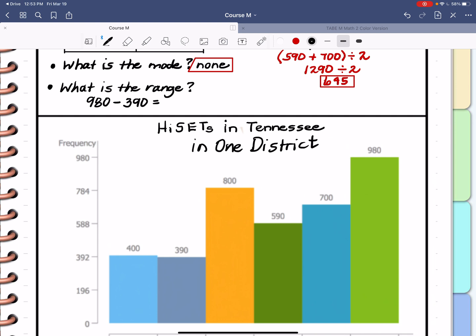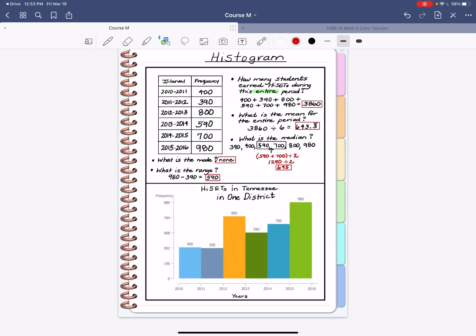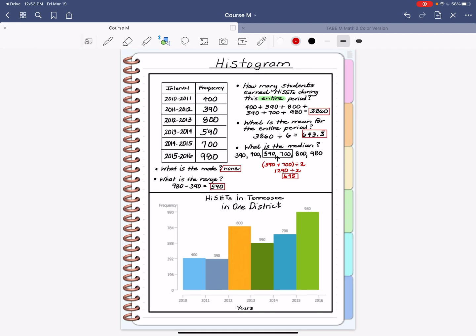Subtract the tallest and the shortest and you'll have your range. This is a pretty big range. As a data analyst, I'm wondering why that range is so big. Why is there so much variance from year to year in these diplomas? What is happening in our adult ed program that causes those fluctuations?